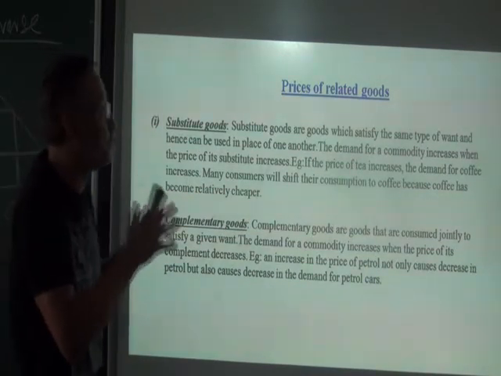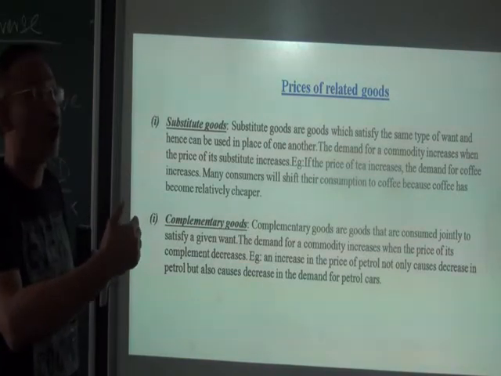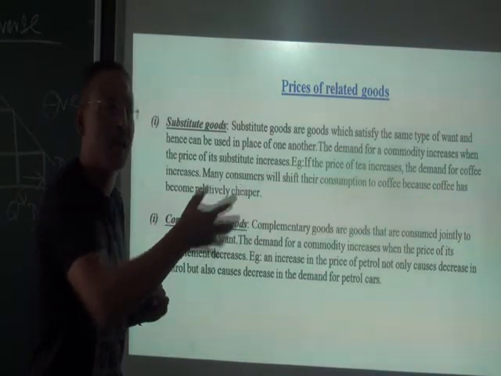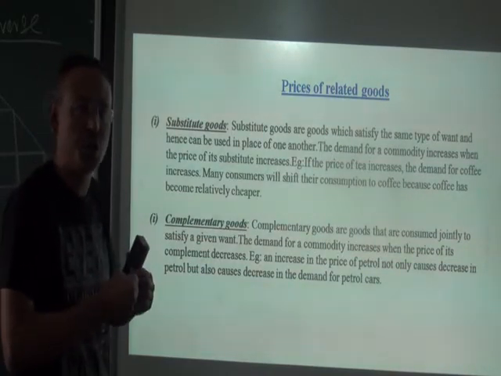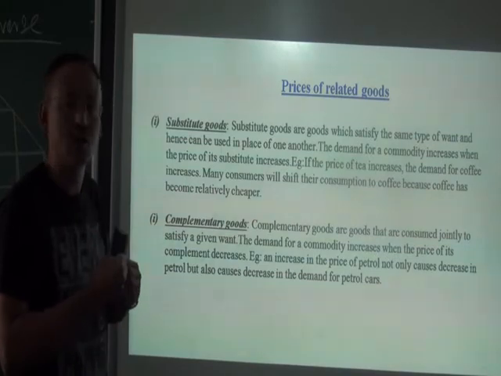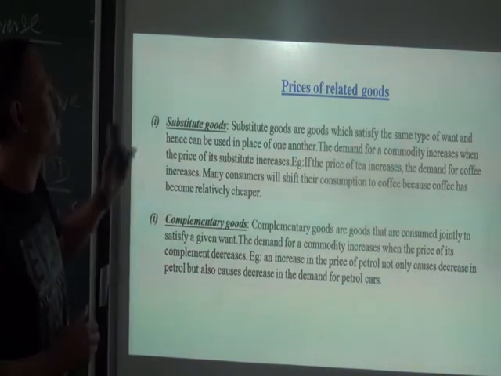Whenever I explain, I will be talking about how the price of the related good changes, while the price of your commodity, which you are drinking, using, or consuming, has not changed. Remember, the other goods will change. Let's see the first one, substitute goods.